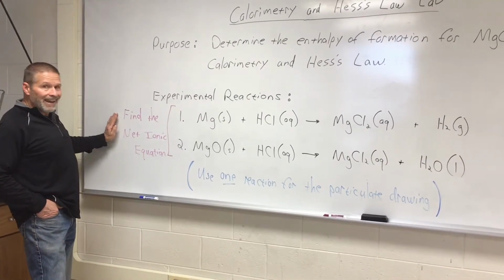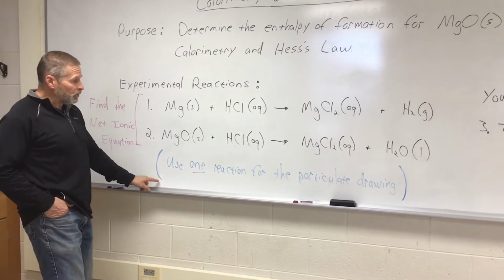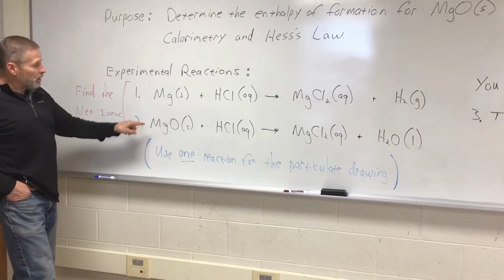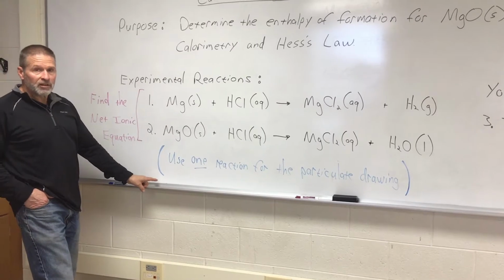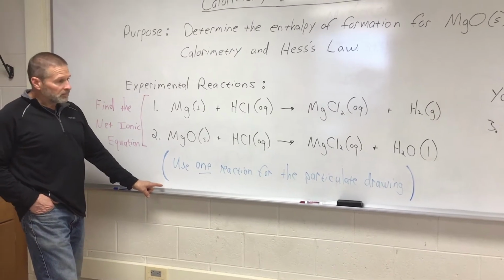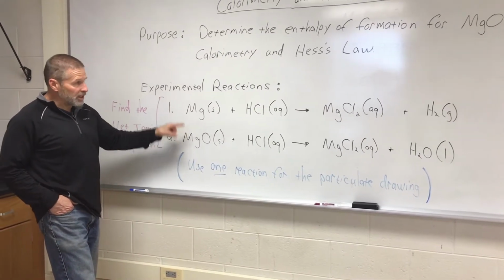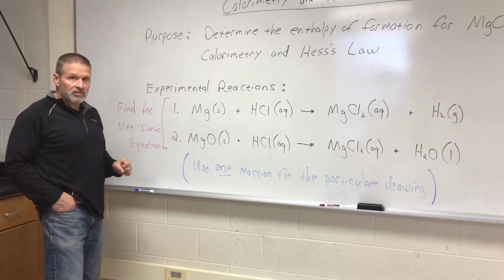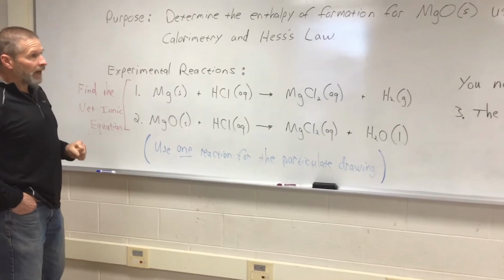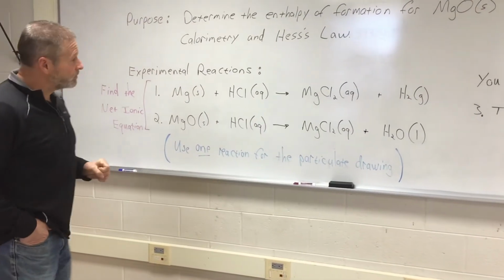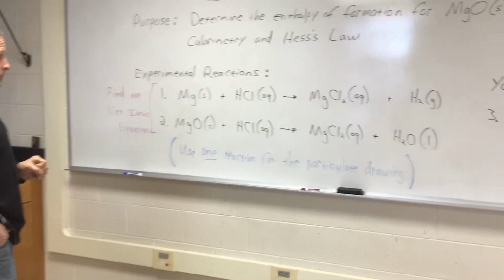And hopefully you can read my blue writing down here, you're going to pick one of these reactions to be the basis of your particulate drawing. Just one of these, whichever one you like the best. So we have these 2 chemical equations. Those are experimental ones.